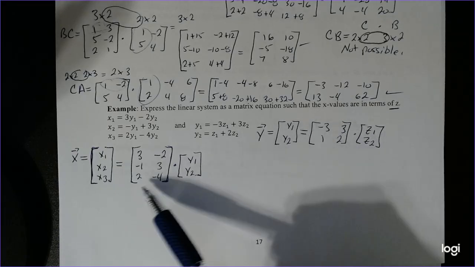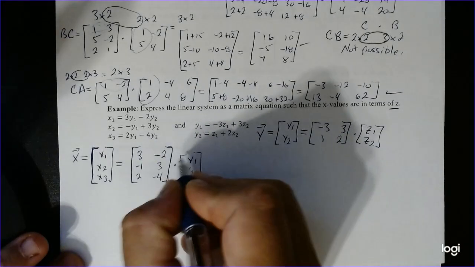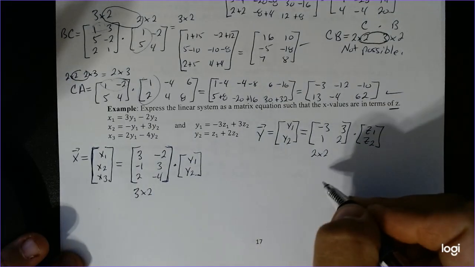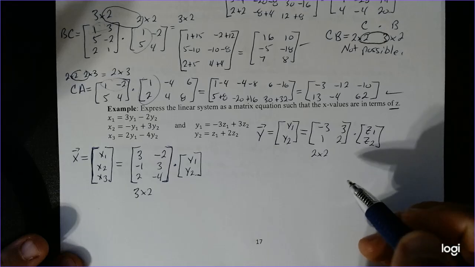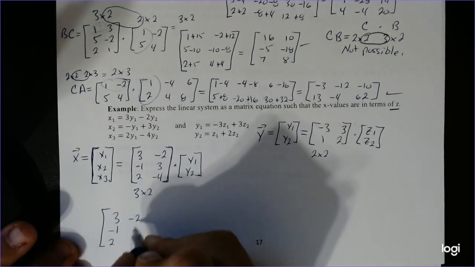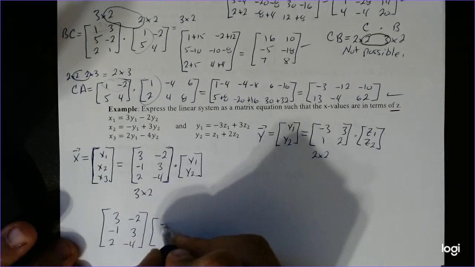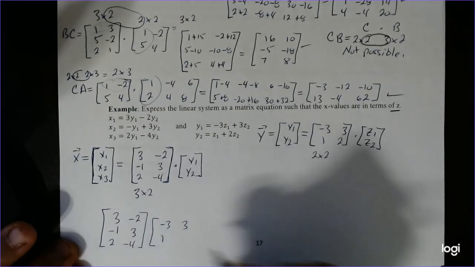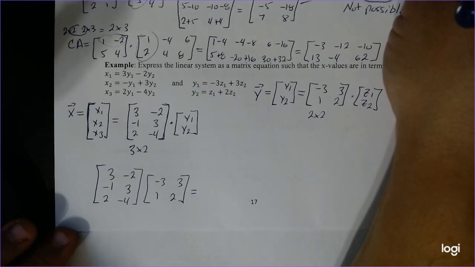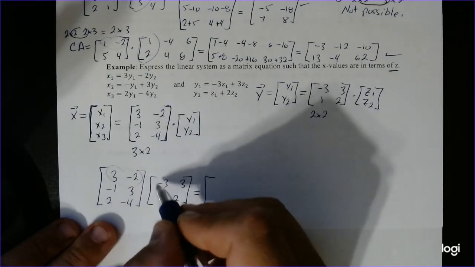So what are we going to do? We're going to multiply these two matrices. This is a 3 by 2, and this is a 2 by 2, so it does work, and the result is going to be a 3 by 2. So we're going to multiply these coefficient matrices together. Okay. And do the same process we did above, so row by column.